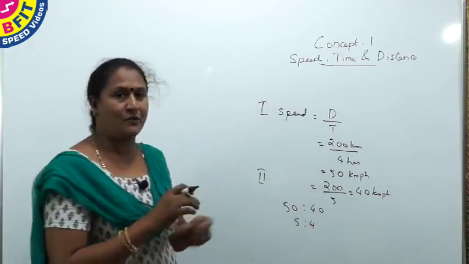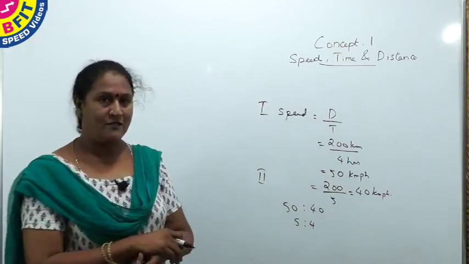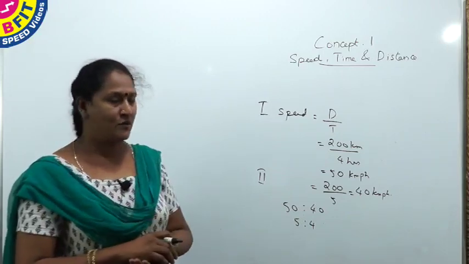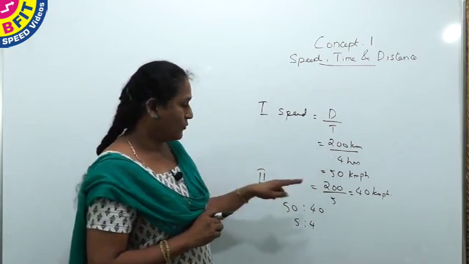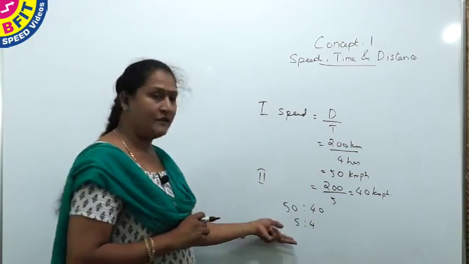It's very simple to calculate, and though it is a simple concept, they ask questions based on this concept. Here speed is got by distance by time taken. Both days' speeds are calculated and the ratio is found.